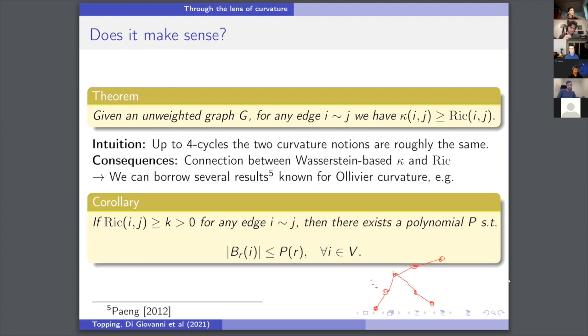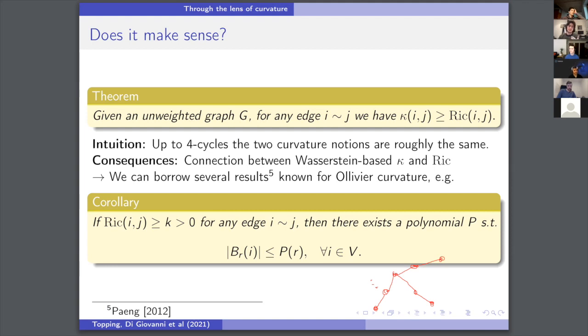And what are the things I want to stress here? First of all, the way you should think of it is that, up to 4-cycles, this balanced Forman curvature is an expansion of the Wasserstein-based Ollivier curvature. And this is probably not the place, but it's sort of a generalization, up to 4-cycles, of results of Jost and Liu.